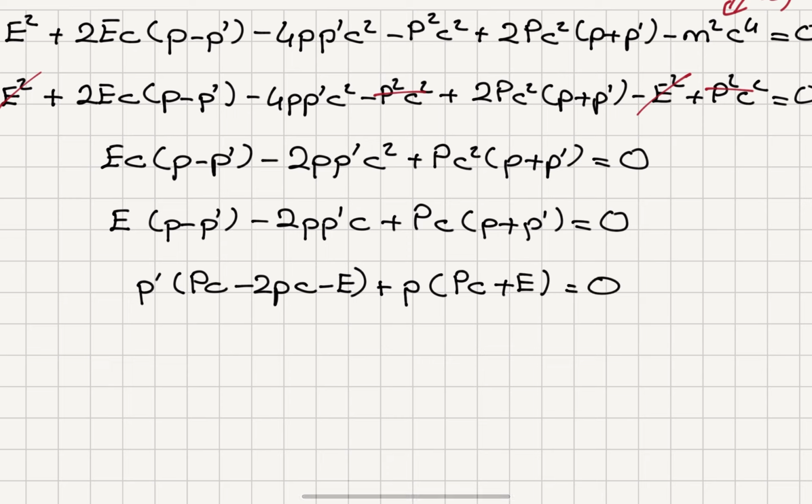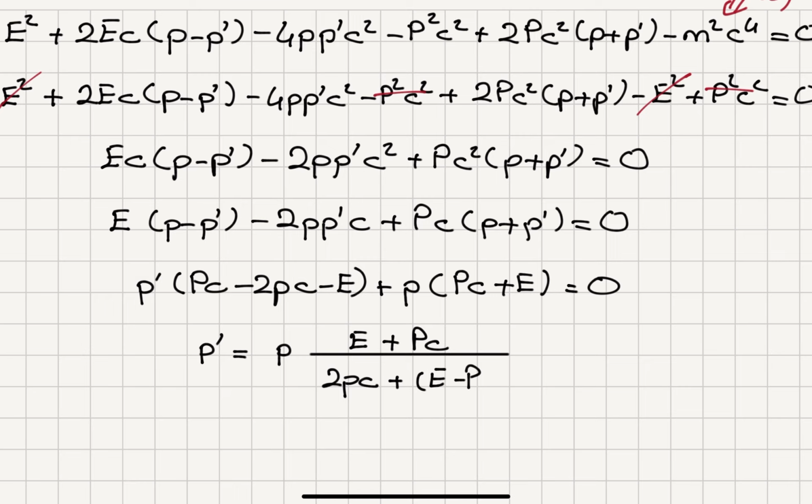So that means I can write p prime as p times (capital E plus capital P c). So this goes there with a negative sign, but if I multiply this equation by minus 1, basically I would get 2pc plus E minus capital P c for p prime.